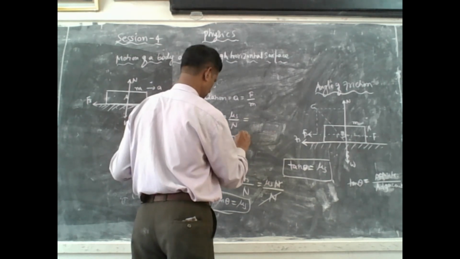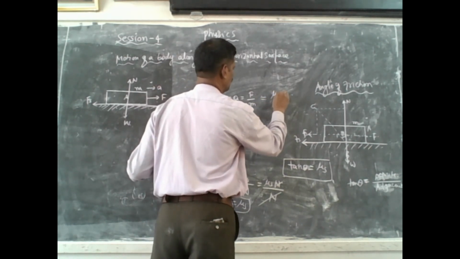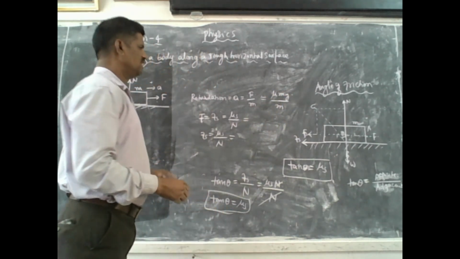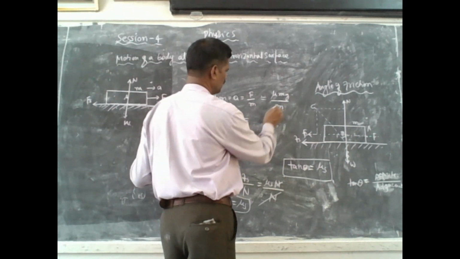So a is equal to F by m equals mu mg divided by m, isn't it?